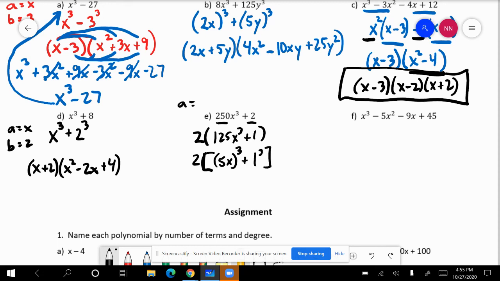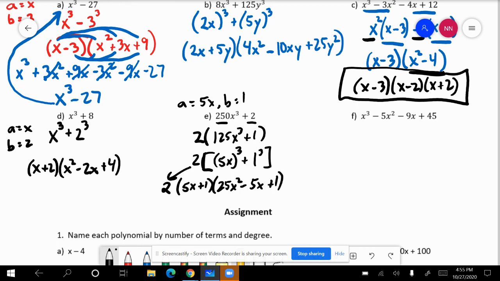So our a value is 5x, our b value is 1. When we write this, we're going to keep the 2 in the front. We have 5x plus 1. Then we square it, 25x squared minus 5x plus 1.